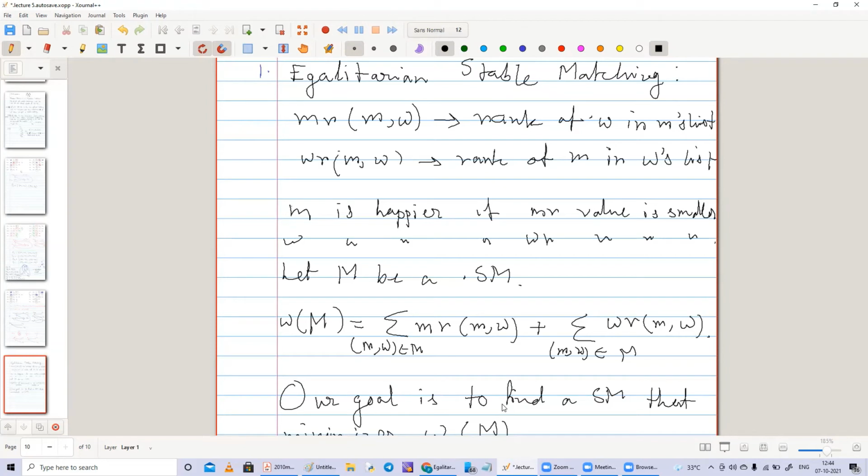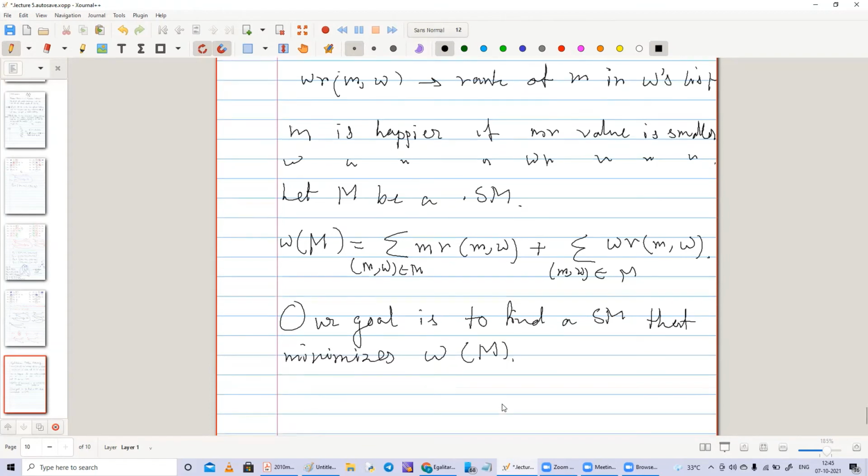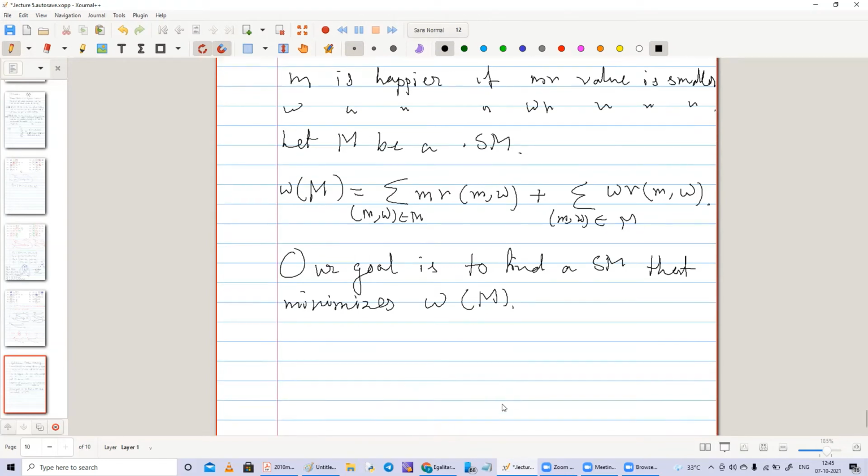Our goal is to find a stable matching that minimizes this value, and we call that matching an egalitarian matching. So is the definition clear? Yes. Okay, so this is the first one.